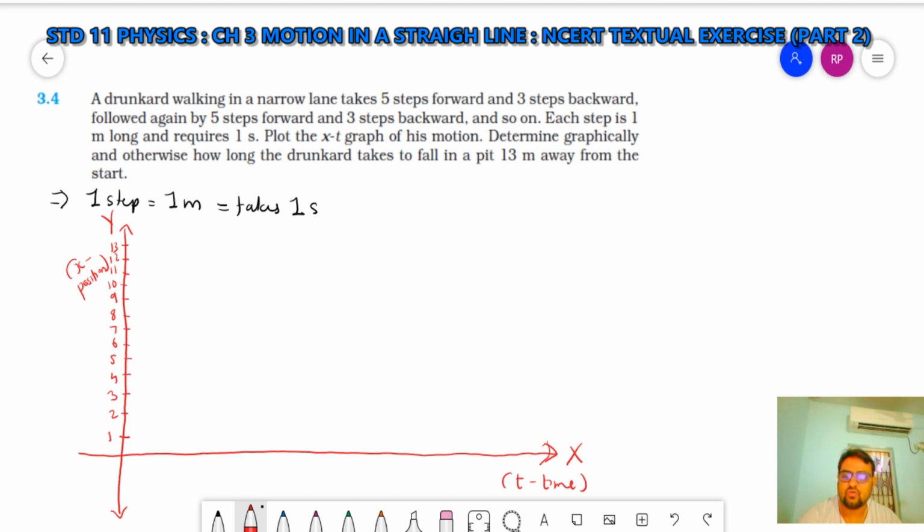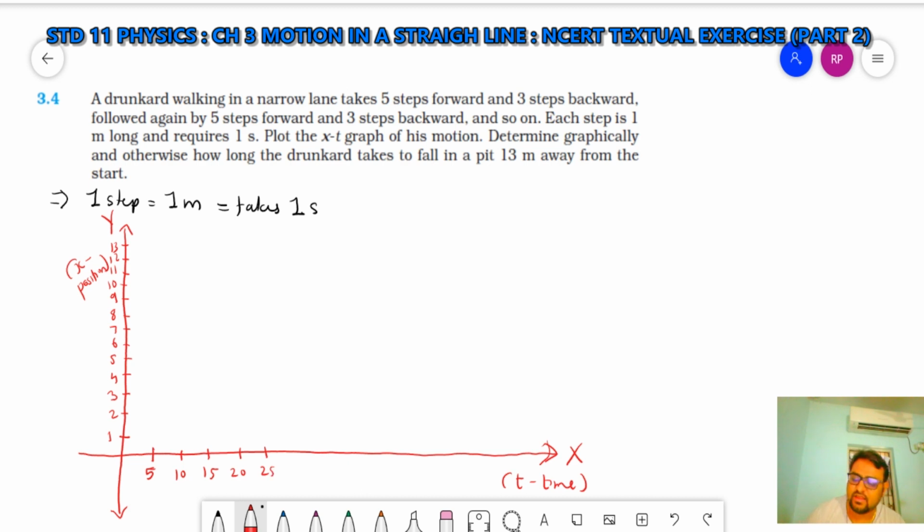I have written the scale on the y-axis. Now it's 5 steps forward, so I will make a gap of 5, 10, 15, 20.